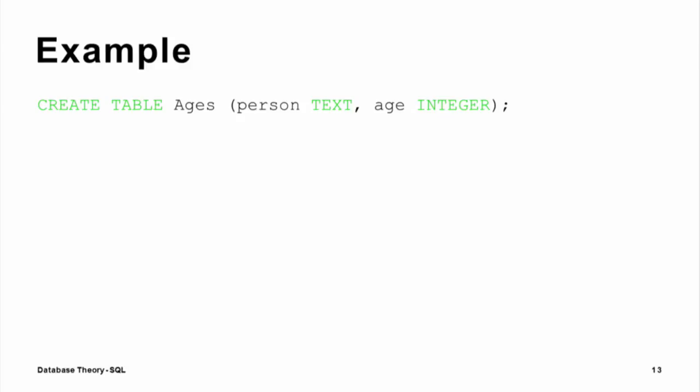So an example. So let's create that ages table. It should have 2 columns, person and age. So the command goes create table, ages, and then you just start to add your attributes. And you start with the first attribute.